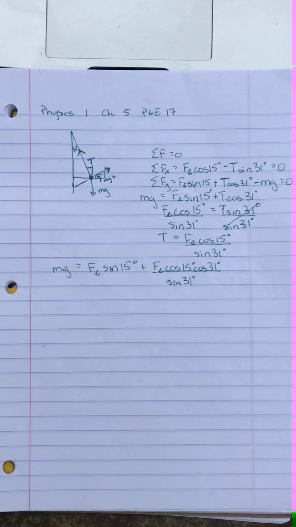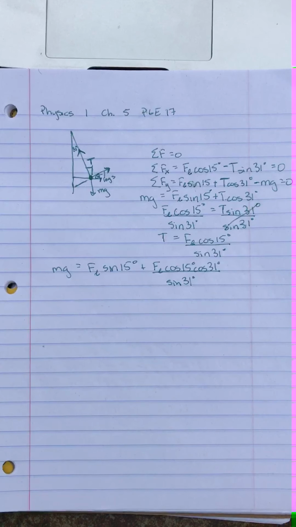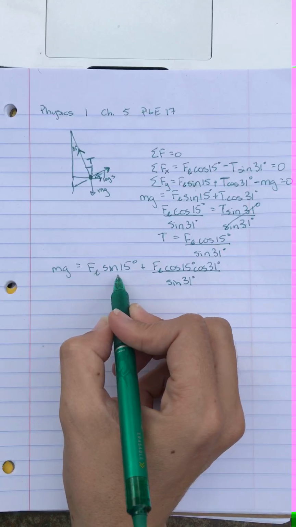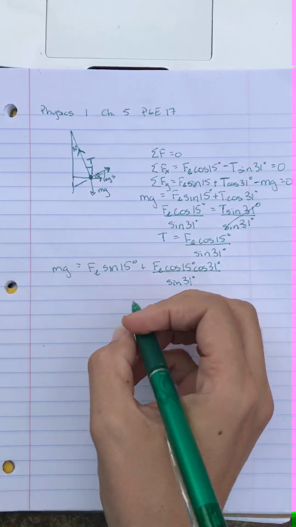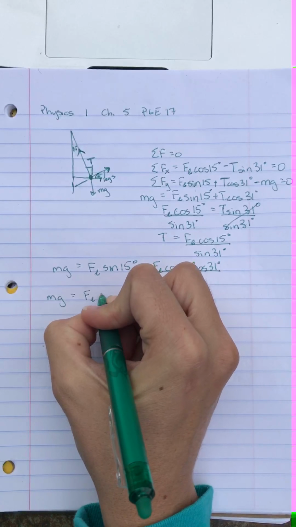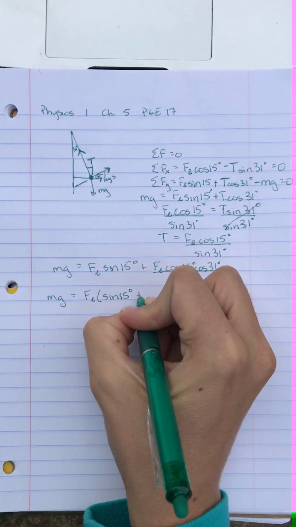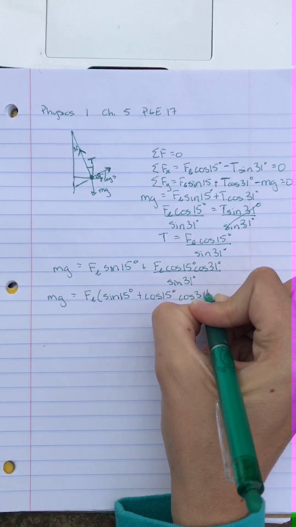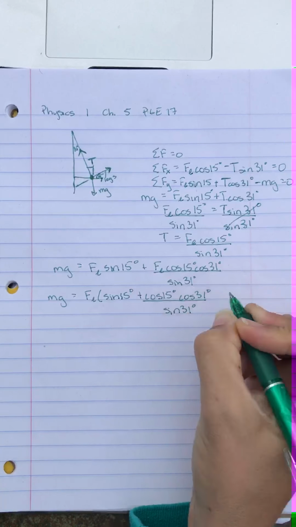So now we can factor out the force of the legs from both of these so that we can solve, because we know this, we know this, we know this, right? So mg equals force on the legs times sine of 15 degrees plus cosine of 15 degrees times cosine of 31 degrees over sine of 31 degrees.